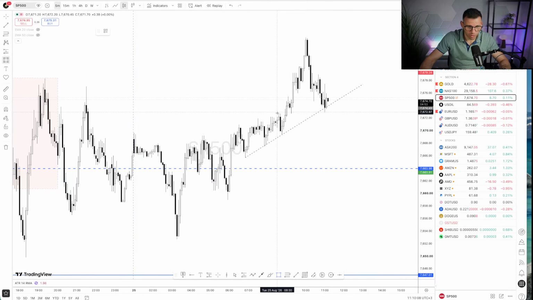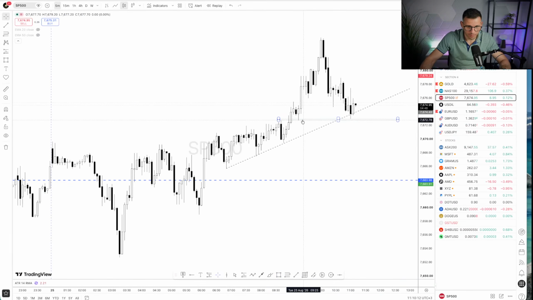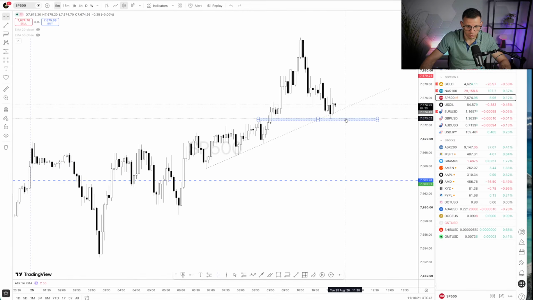If we draw this trend line, then we have this high tested again, here, bullish engulfing, inside candle, bearish engulfing.